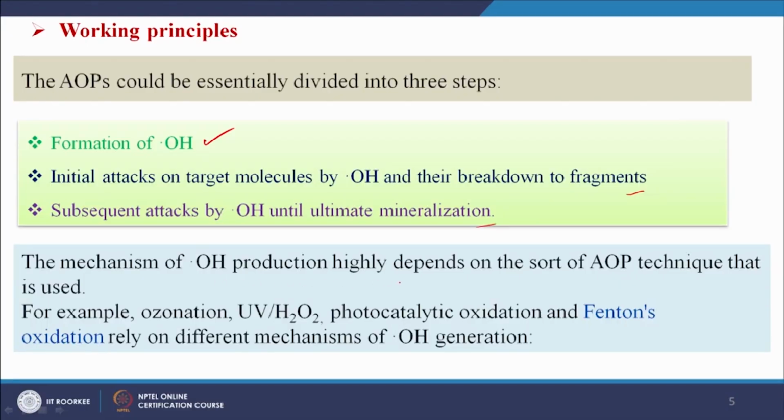Now, the mechanism of hydroxyl radical production highly depends on the sort of AOP technique that is used, as we have mentioned different types of techniques. For different techniques, different mechanisms are there for the production of OH dot or hydroxyl radical. For example, ozonation, UV H2O2, photocatalytic oxidation and Fenton's oxidation rely on different mechanisms of OH dot generation.